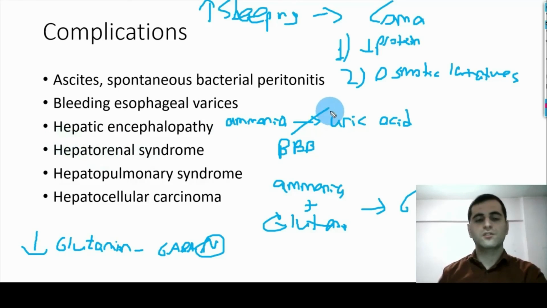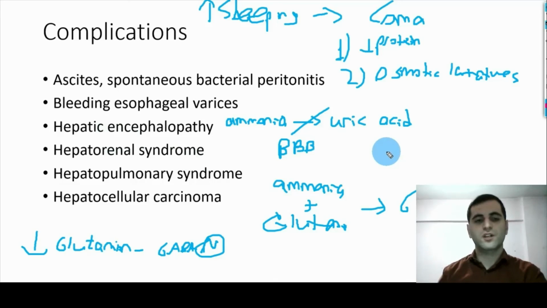And there is also one topic that I would like to discuss about hepatic encephalopathy. There are several conditions in which hepatic encephalopathy can develop. The first case is hypokalemia. Hypokalemia is one of the most important etiologic factors of hepatic encephalopathy, and the second cause is gastrointestinal bleeding.